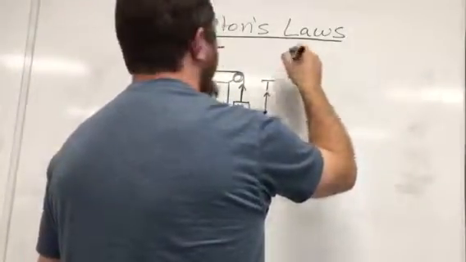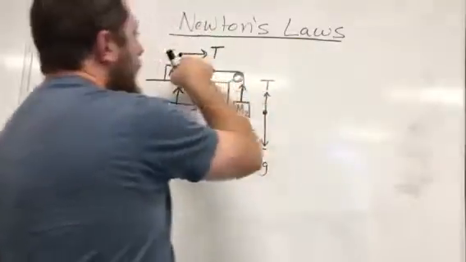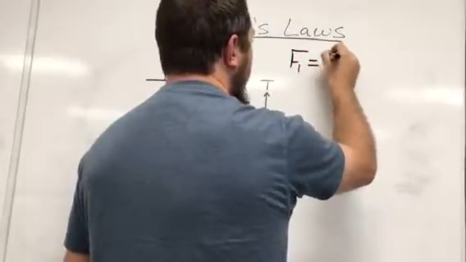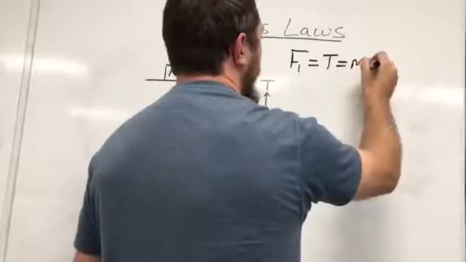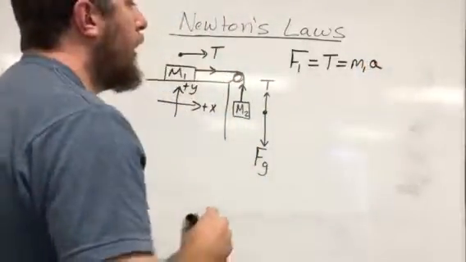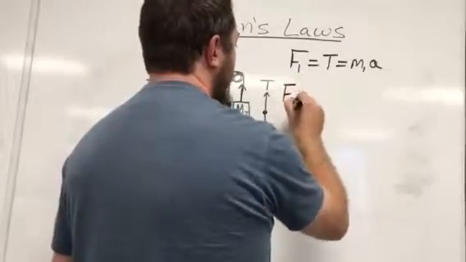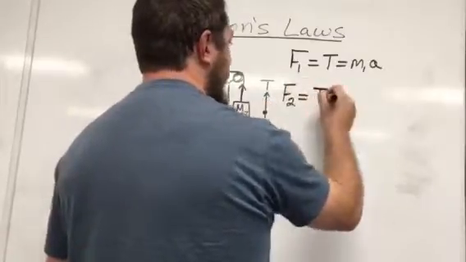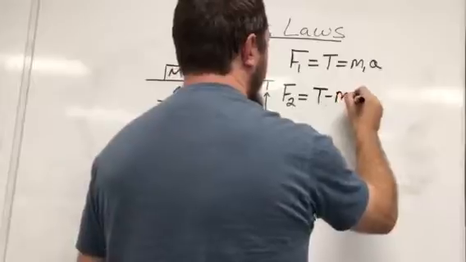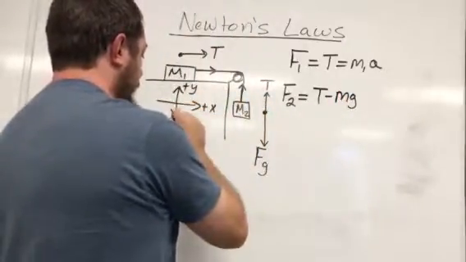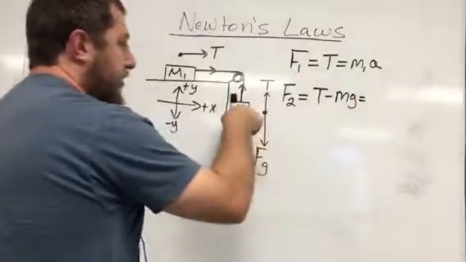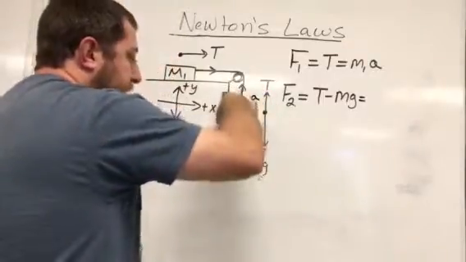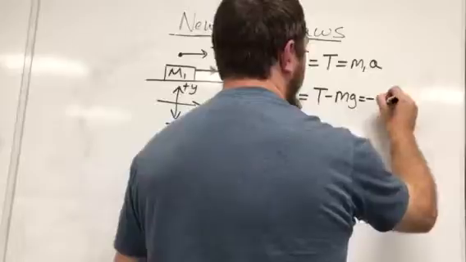So if I look at F equals ma for object 1, there's only one force acting on it, T. So the force on object 1 is going to equal T, and that will equal the mass of object 1 times A. Now, the net force on object 2 is going to be the tension acting upward minus the force of gravity, since gravity is acting downward, and the overall acceleration is going to be downward because the object's going to be falling, so this is going to be equal to negative M2A.